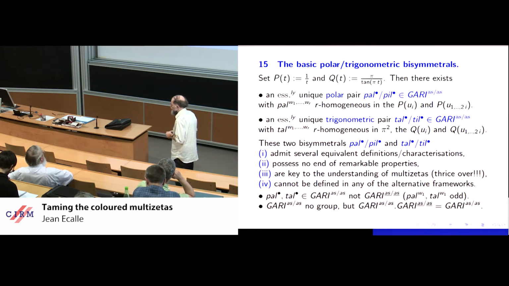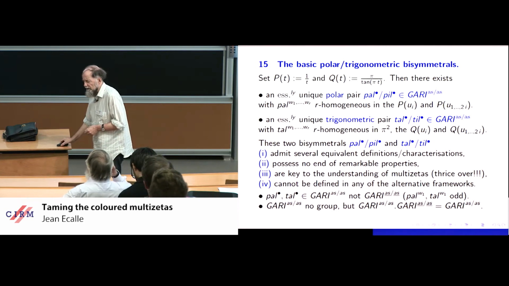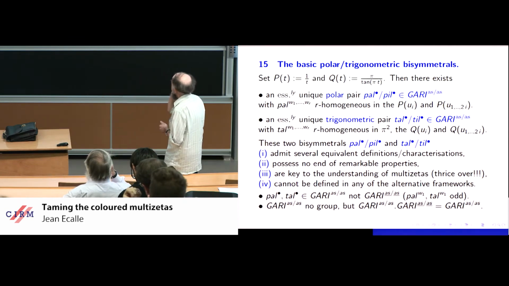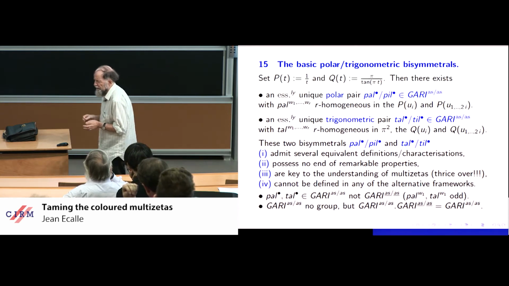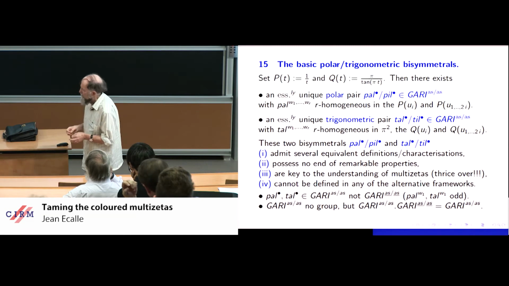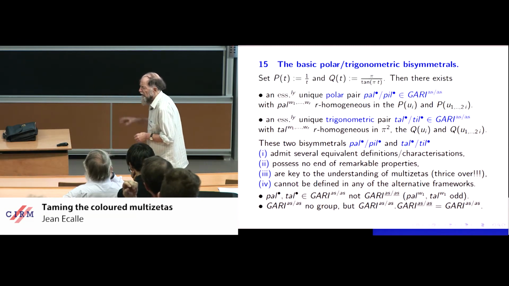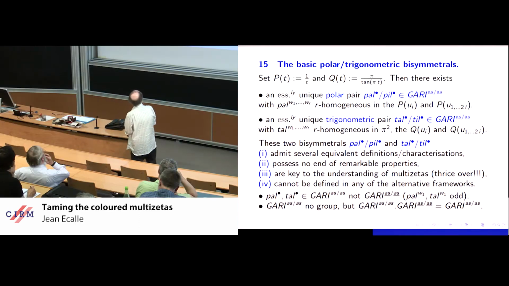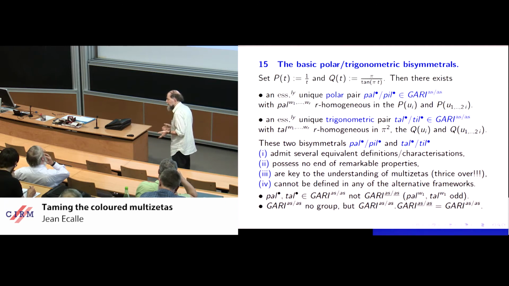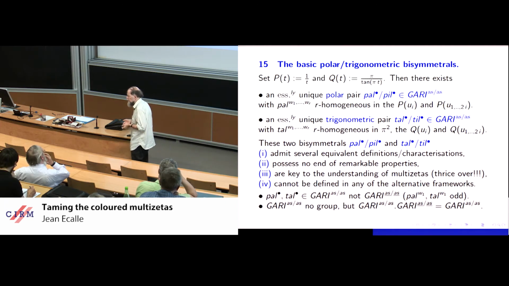These two B-moulds, especially the first one, PAL, PIL, can be defined or characterized in any number of ways. Not any number, but many ways. They have no end of interesting properties. They are absolutely key to the understanding of the reduction of multizeta into irreducibles. They will intervene at three absolutely crucial junctures in the next steps. And main thing, they cannot even be understood in any of the alternative frameworks.